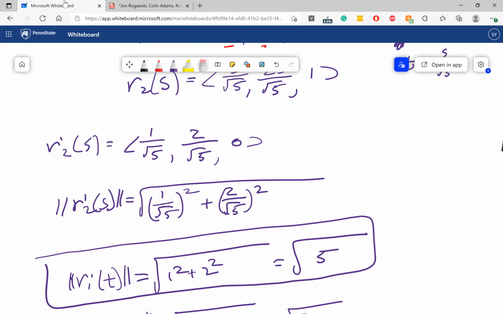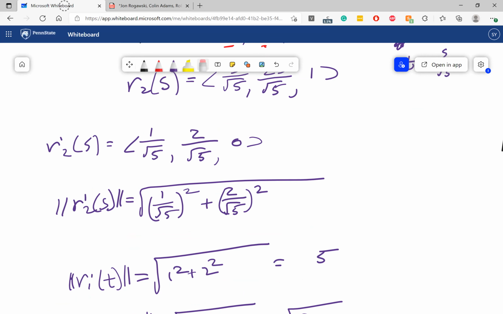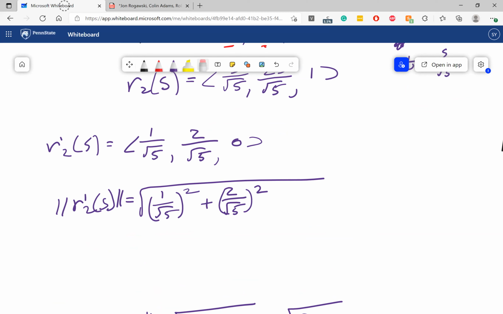So this is going to give us the square root of 1 plus 4 over 5, which is going to be 1.